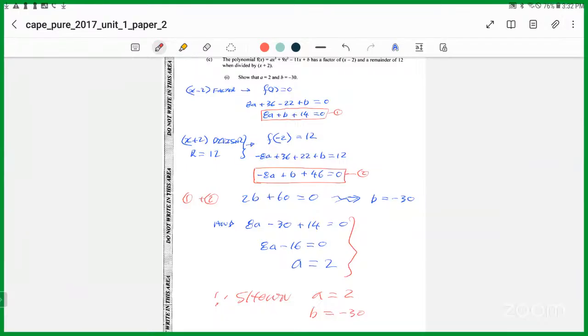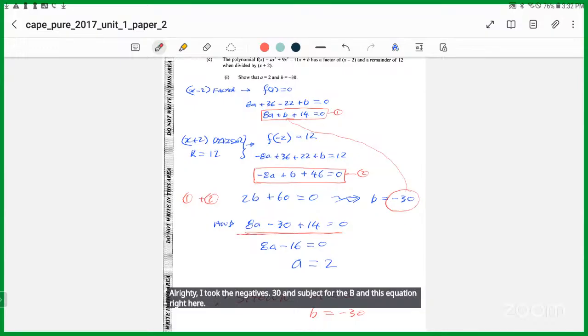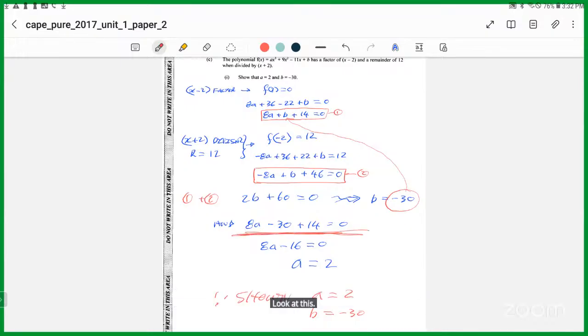Yes, sir. All I did, I took the negative 30 and substituted for the b in this equation right here to get this. See that? 8a, and the b is negative 30, plus 14 equals 0. You see that?